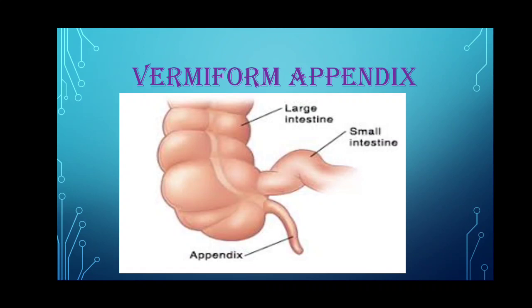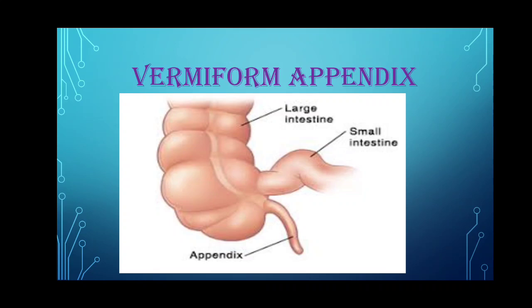The vermiform appendix projects from the blind end of the cecum as a part of the large intestine, as you can see in the figure. It is a narrow worm-like tube. It is functionless now in humans, but its corresponding organ in herbivore mammals like sheep is quite helpful in digesting cellulose.